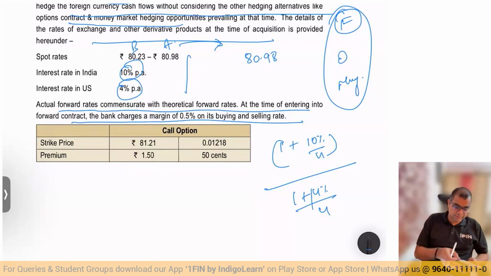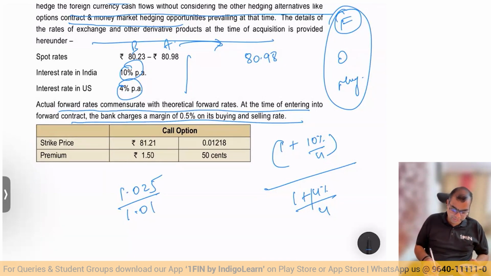1 plus 10% by 4. What is 10% by 4? 2.5%. Right, which is 0.025 plus 1, 1.025. And divided by 1.01.